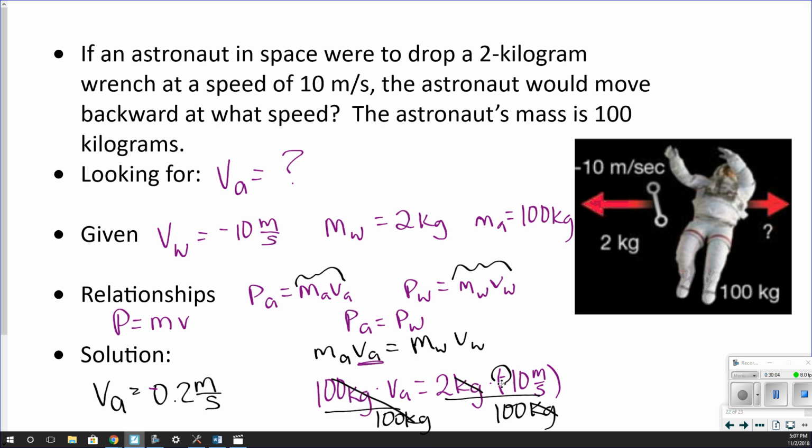However, my astronaut is moving in the opposite direction, so he would have a positive velocity. If one of my velocities is negative, my starting velocity, then my ending velocity, my unknown, would have to be positive. So that's why I didn't include that. Sorry if that caused any confusion. If you have any questions, bring them to class and we'll answer them.